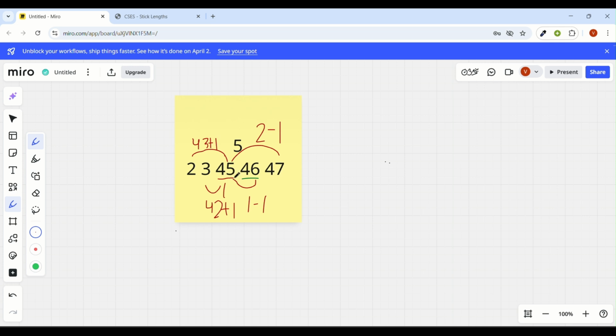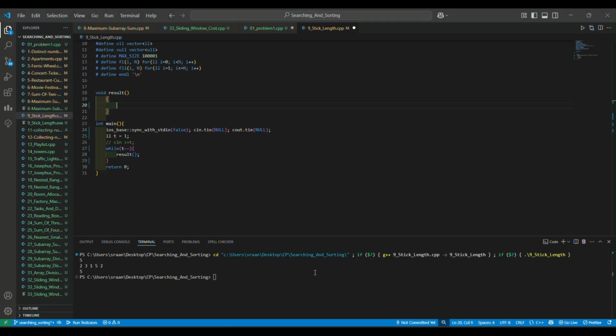This will be neutral, but the change will come because my median also has to increment or decrement, which will always increment my answer. So if I am shifting to this side, everything will be neutral, but as much as I keep shifting, this median stick length will also have to change, which will increment my answer. And if I shift to this side, I will get a similar problem again.